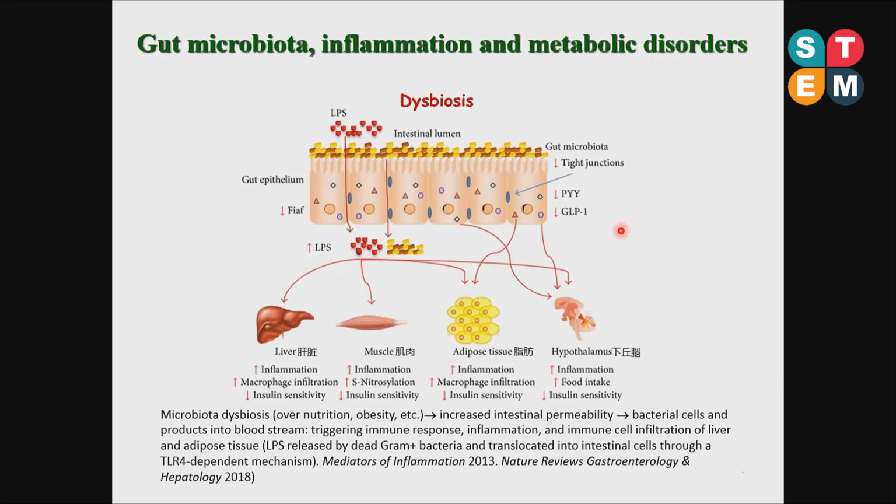This leads to the leakage, the entrance, of bacterial components and whole bacteria into the bloodstream, which then causes a lot of diseases and disorders, including local gut inflammation, and also inflammation in other parts of the body, even in the brain.